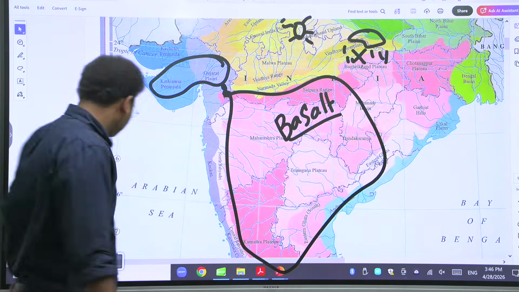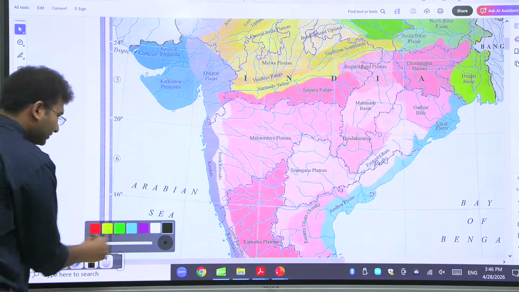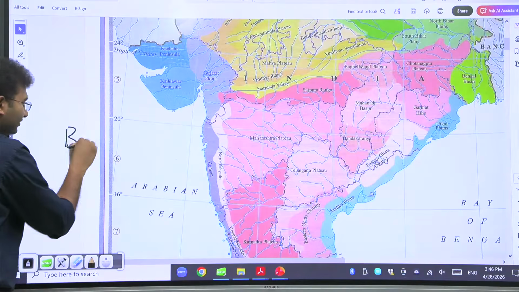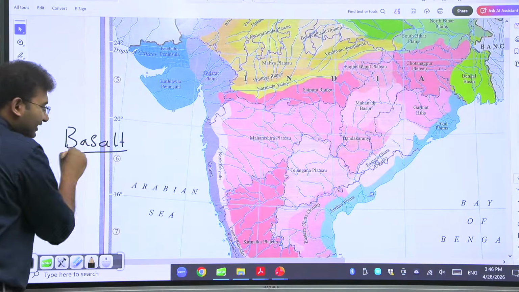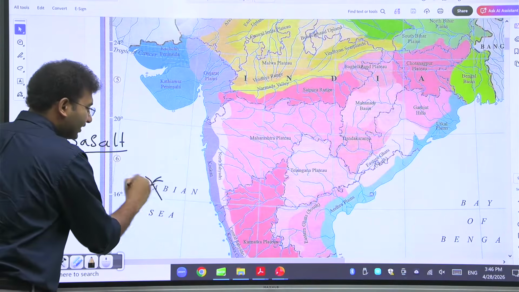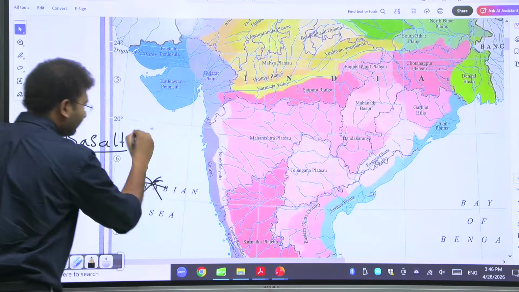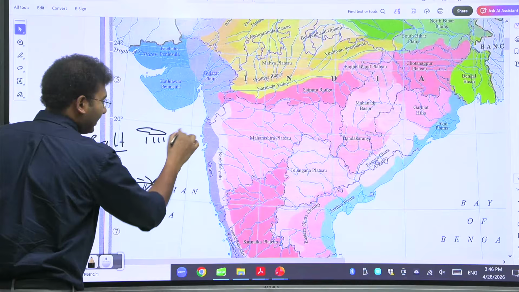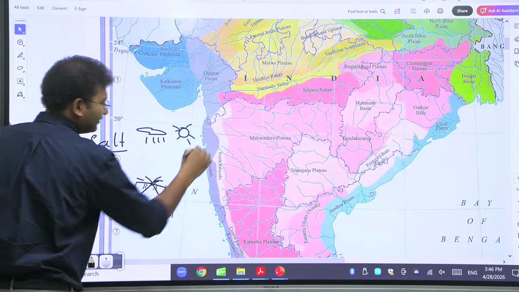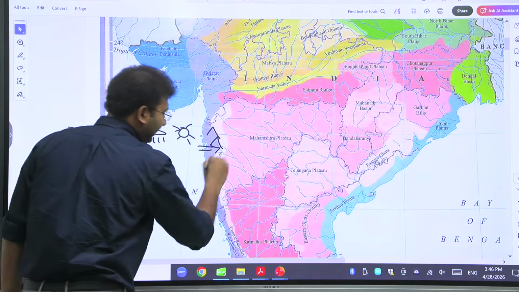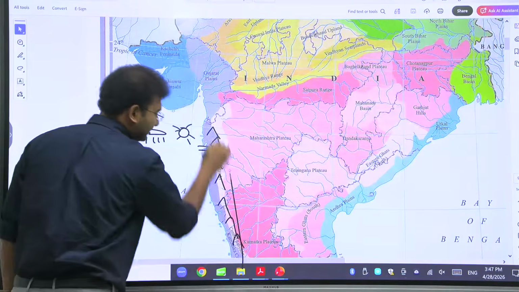Soil. Suppose you have basalt rock. Basalt is nothing but when the volcano comes out, the primary rock is basaltic rock. Now on the basaltic rock, if you have rainfall and a good amount of sunlight, this will form laterite, which is seen in this part of the area.